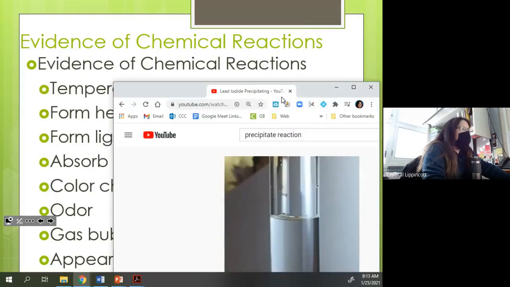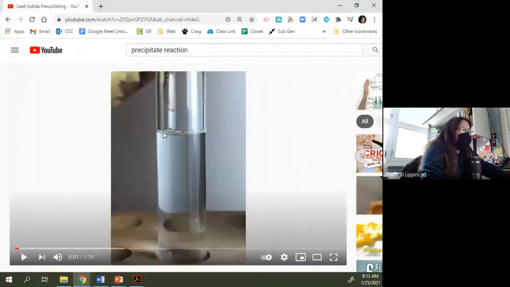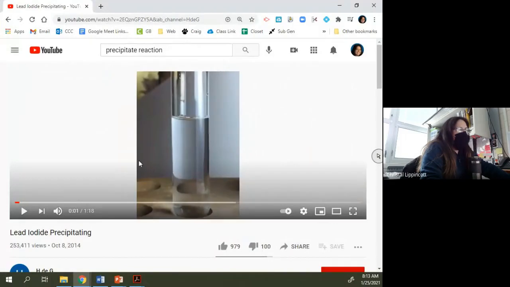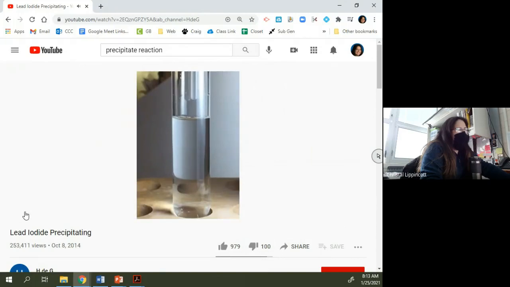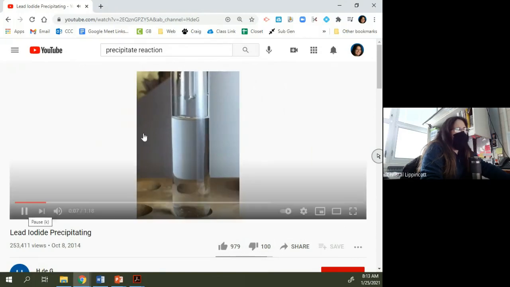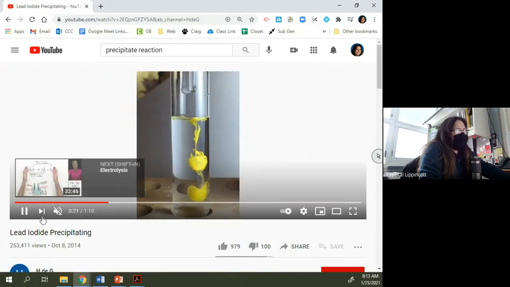All right, so for a precipitate formed, you start out with two clear liquids and you mix them together. When they mix together, they actually form a solid. They're going to take that clear liquid coming down here and it's going to go into this clear liquid, and see how that becomes cloudy. And there's actually a color change here. But that is a precipitate.